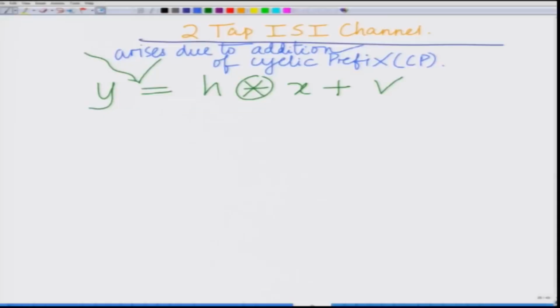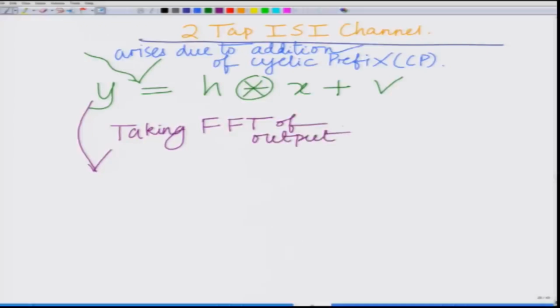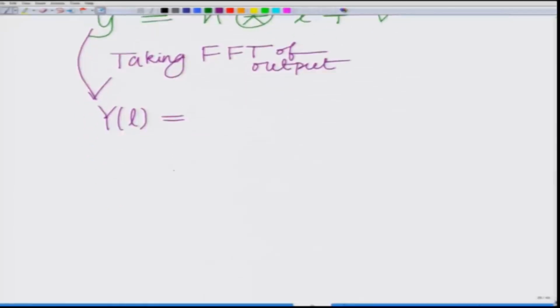So, now once we take the FFT of the output, we have across the Lth subcarrier YL equals HL times XL plus VL.